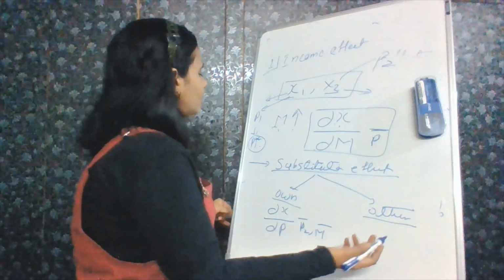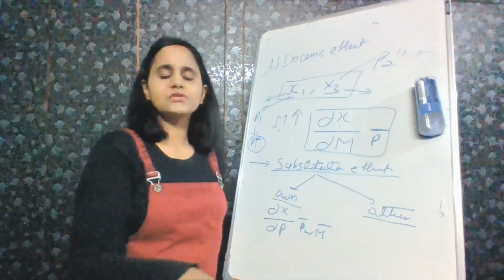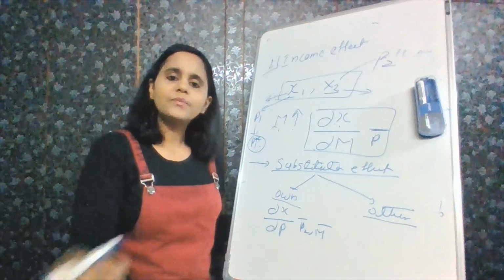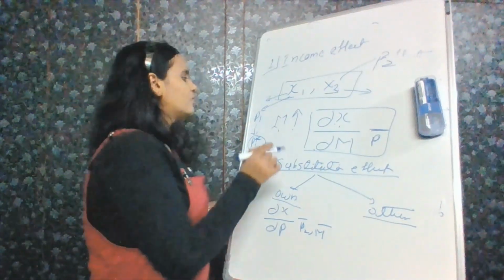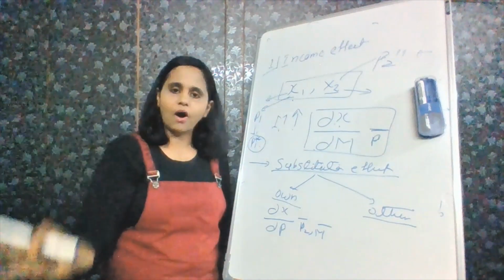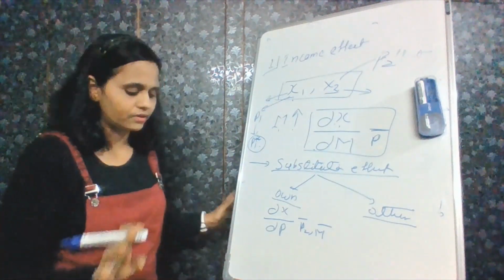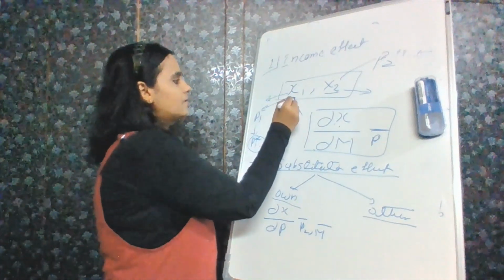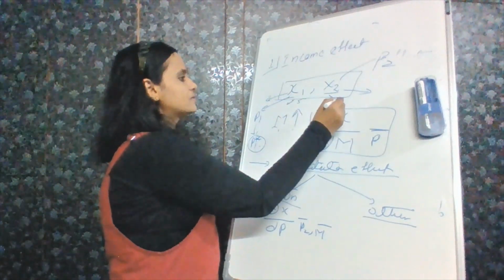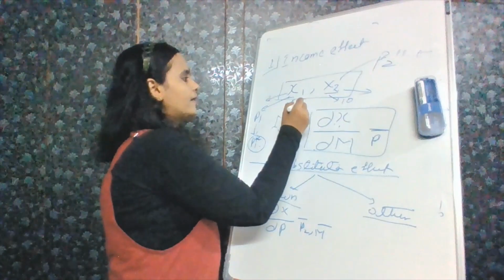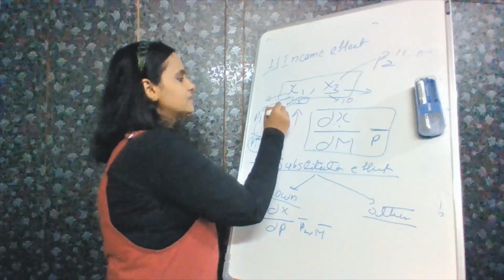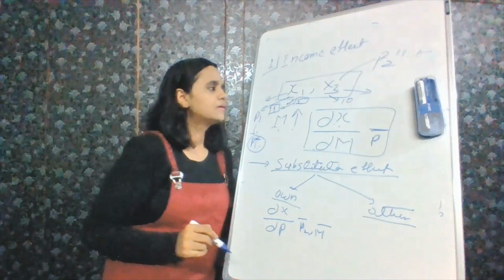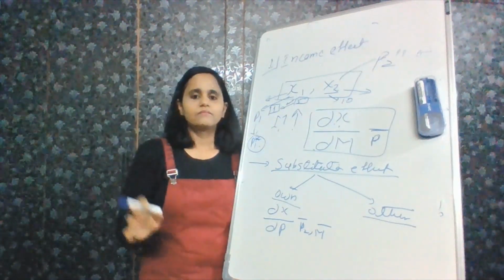What is the other substitution effect? Because of a price change in one product, your other product is substituted. I am talking about normal goods here. Consider X1 is 5 rupees earlier and X2 is 10, and then the price of X1 decreases to 1 rupee.